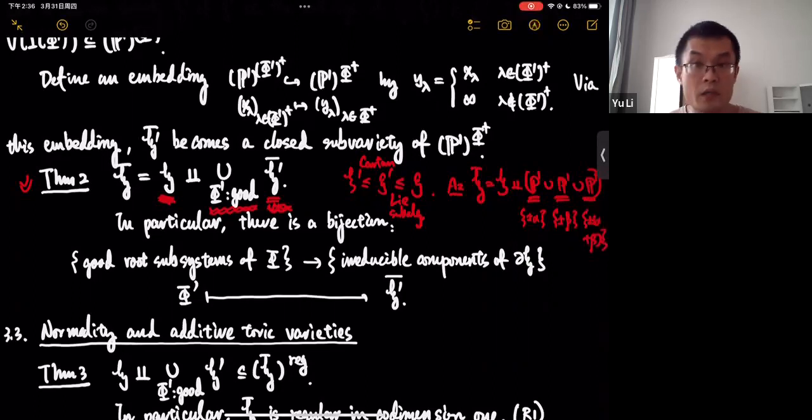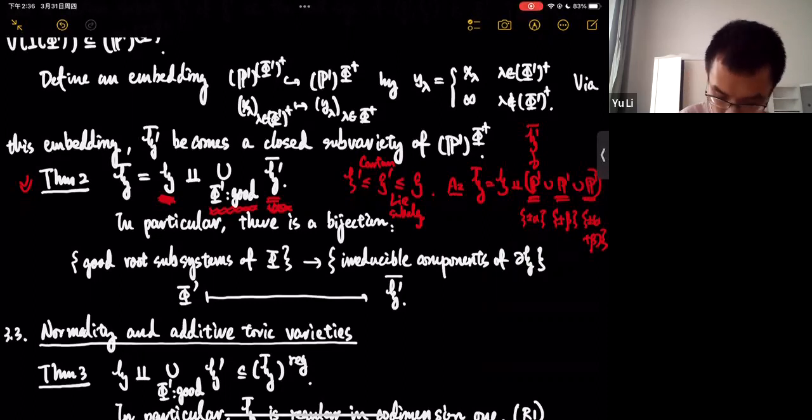Each of them is a type A1 root subsystem. And remember, in type A1, the wonderful compactification is P1. So these are the H prime bars. That's the content of this theorem.